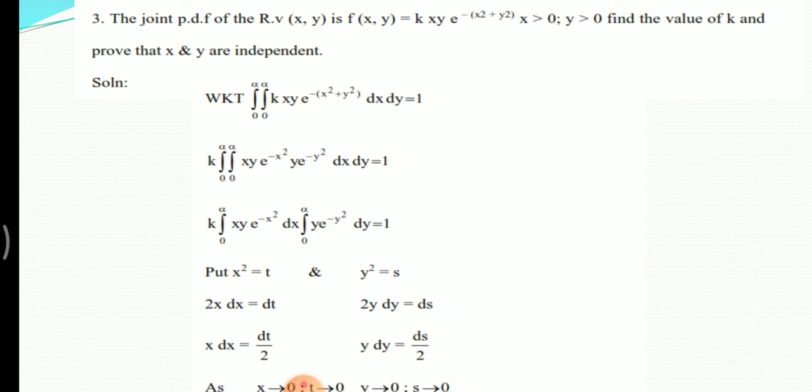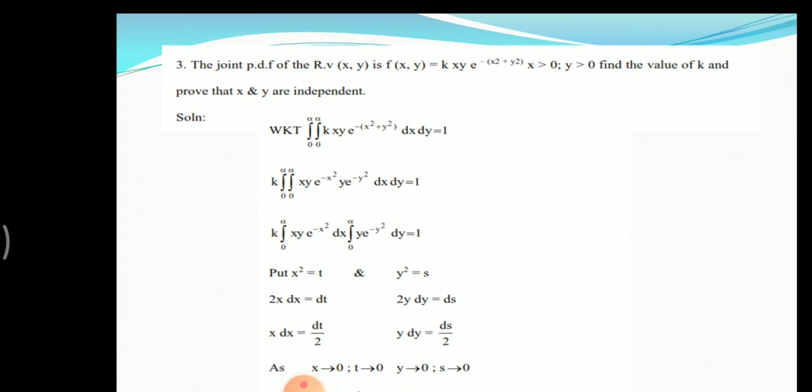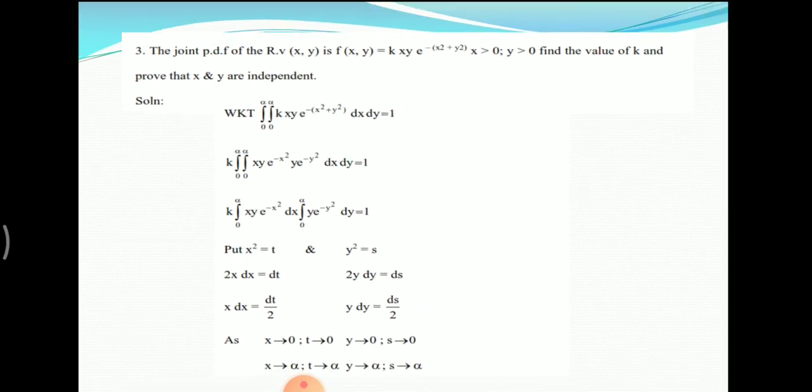Now the integration is not easy, so we want to apply a substitution method. Here x² equals t and y² equals s, which simplifies the form of the integration, and we get some substitutions, and the limits also we have to change. After the substitutions we apply them in the main integral, and integrating now is very easy.